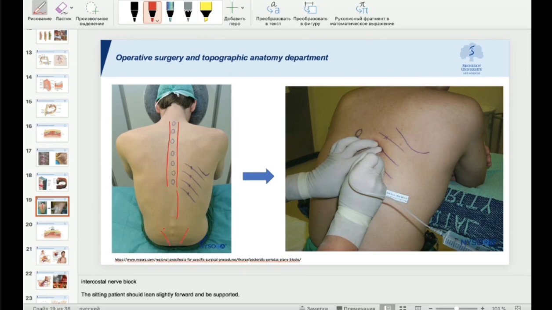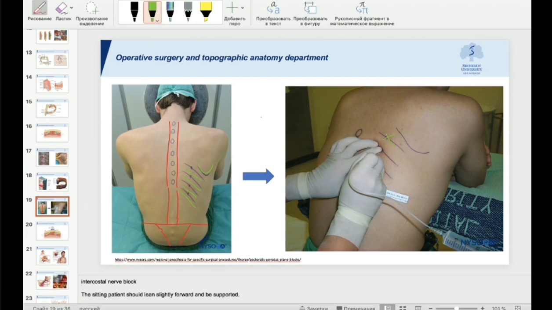Okay, vertebrae. What are the other lines? I will draw in another color. So you see some lines with points. What is this? The ribs. And what do these points mean?